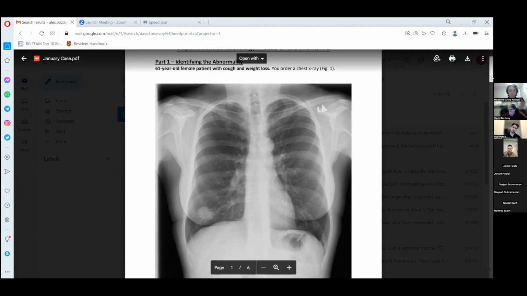So when we start thinking about imaging, and in this particular case today we'll be talking about chest radiographs, we have to first understand the physics of it and how it works. As you probably know, X-rays use X-ray radiation, and the idea is that the rays hit an object that is static, in this case the chest of the patient.